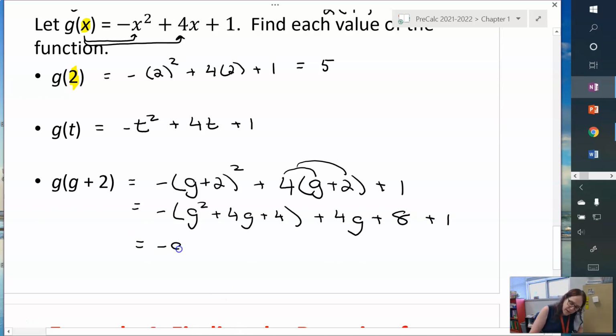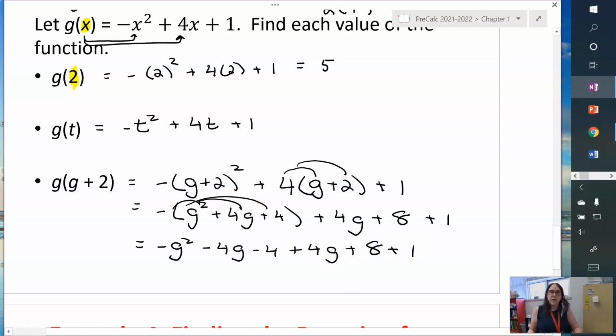That's going to give me a negative g squared minus 4g minus 4 plus 4g plus 8 plus 1. Now I'm just combining like terms. I get a negative g squared. My negative 4g and plus 4g, those cancel each other out. I have a negative 4 plus 8 plus 1 is 5. So here is my g of g plus 2.